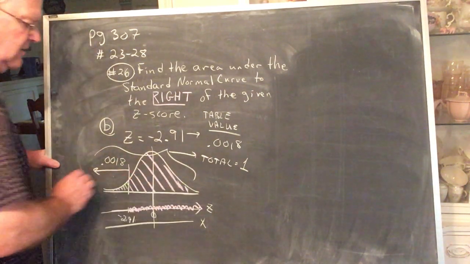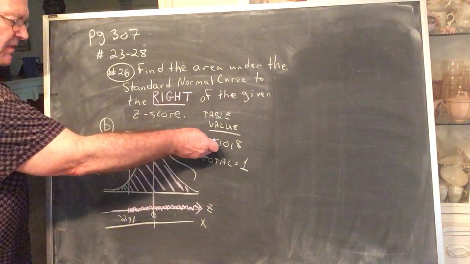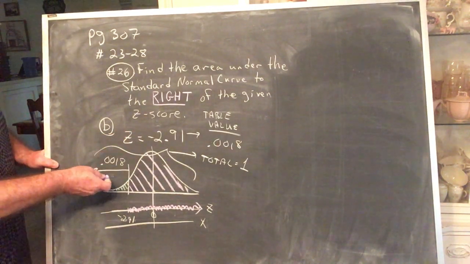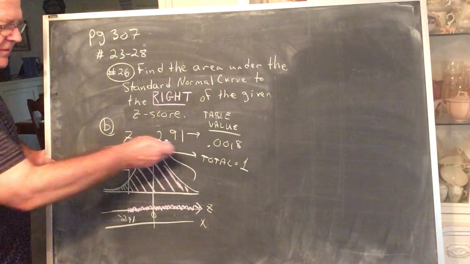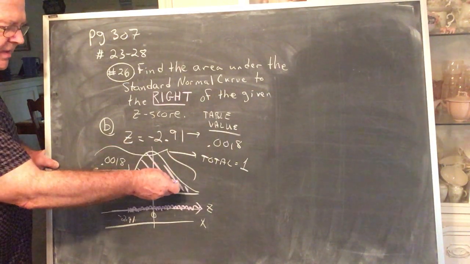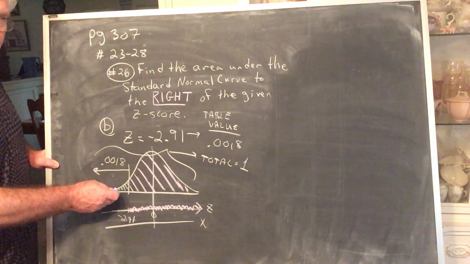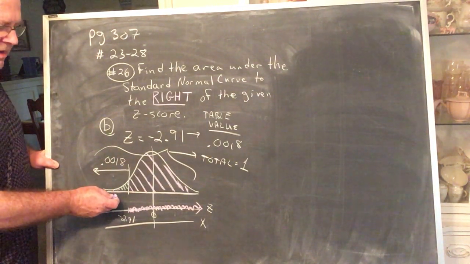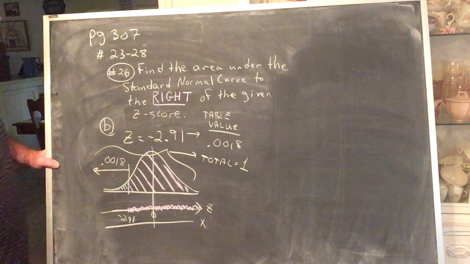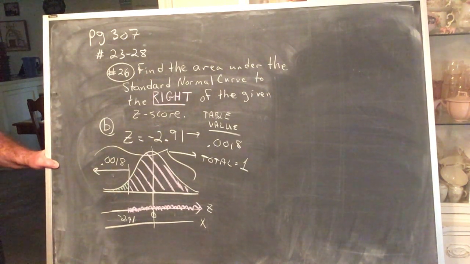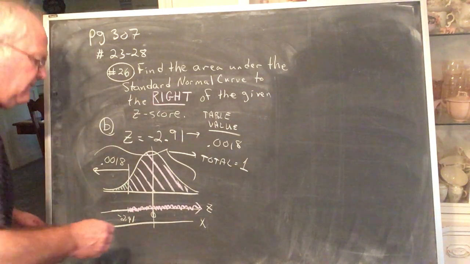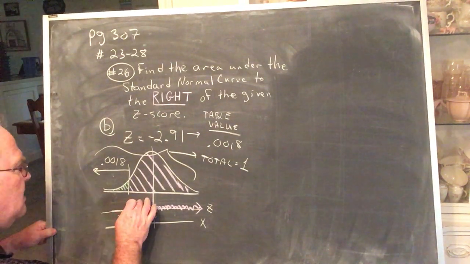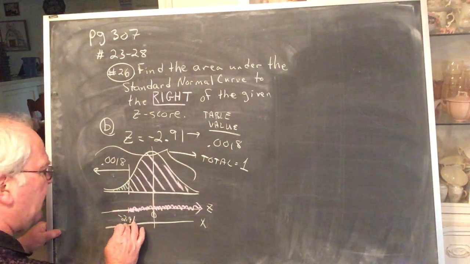This is what we want. We don't have that. That's not what the table gave us. The table gave us this little green bit over here to the left. Well, if we take the grand total 1 and subtract off the piece that we don't want, is it clear? That's going to leave us with the piece that we do want. So, the solution we're going to need is to find the area to the right of negative 2.91.